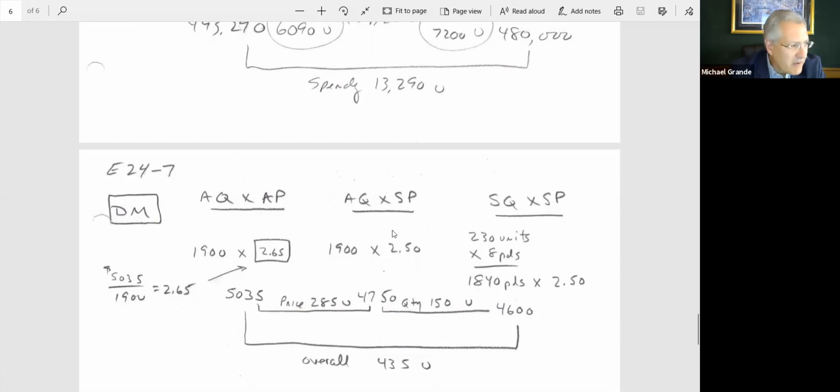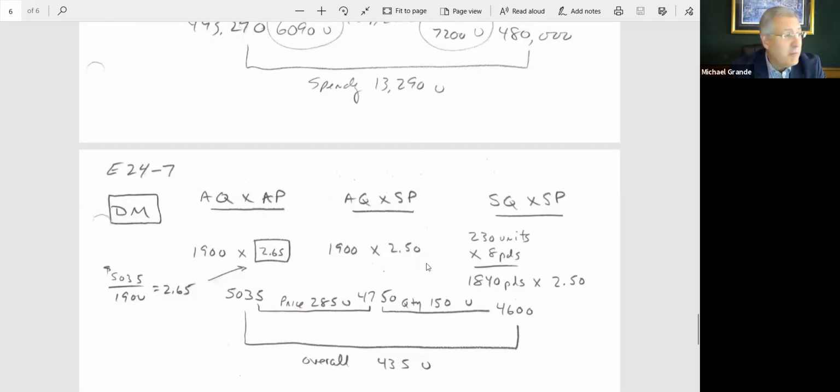So we have this middle number, AQ times SP. Actual quantity, 1,900 pounds. Standard price, $2.50. Got a total of $4,750. Difference between actual and this middle number, $285 unfavorable.